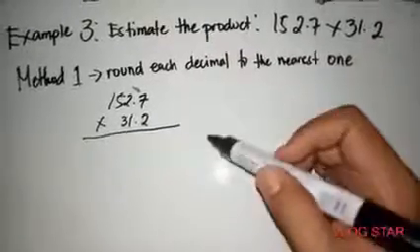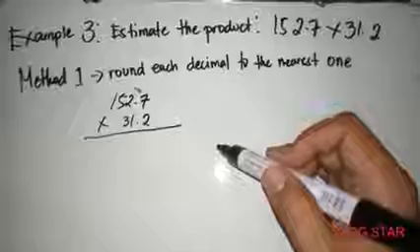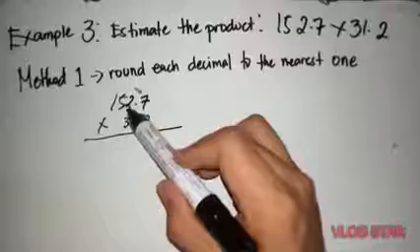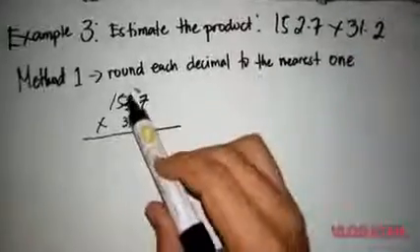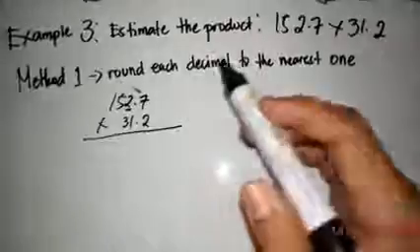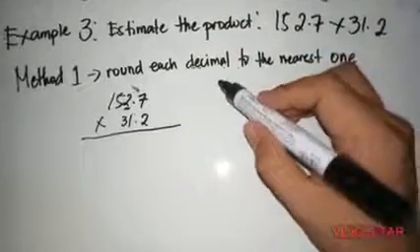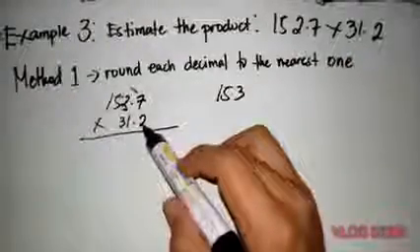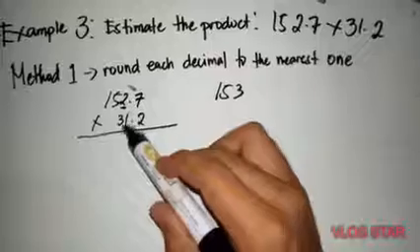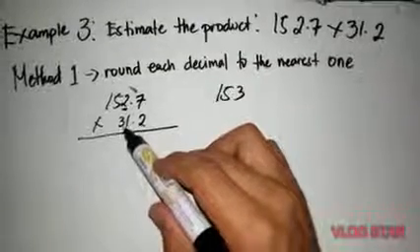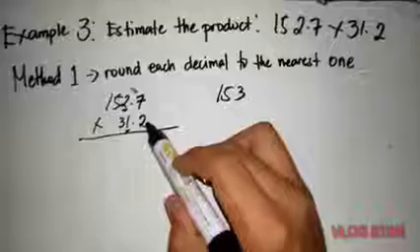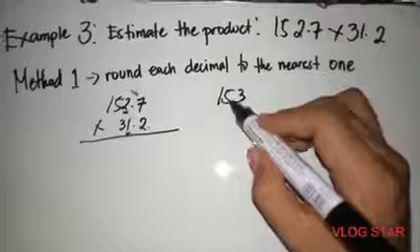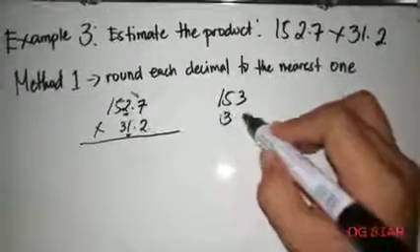This is the ones place. The next digit after 2 is 7, so we round it up, so 153. Then 31.2, this is the ones place. Then the next digit is 2, so we round it down. So this will become 31.